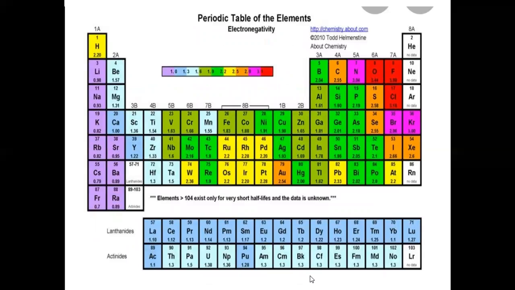You can see here the atomic number of hydrogen 1, then helium 2, lithium 3, beryllium 4, and then boron 5, carbon 6, nitrogen 7, oxygen 8, 9, 10. So the periodic table is on the basis of increasing atomic number, and atomic number is in a sequence.